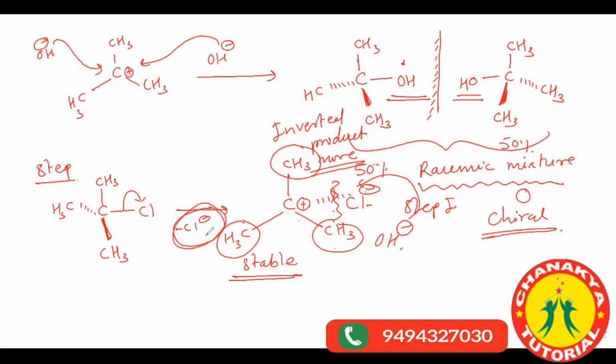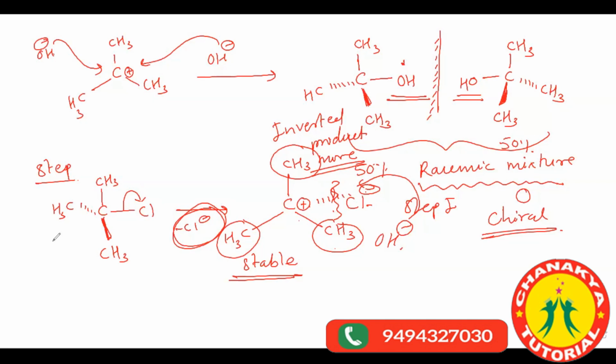Okay, understanding? Yes or no? In SN2 also there would be inversion in configuration. In SN1 also there would be more inverted product. Why does this happen? Because the leaving group will be in close proximity of your carbocation, and hence OH minus cannot approach from the same side as the departed leaving group.